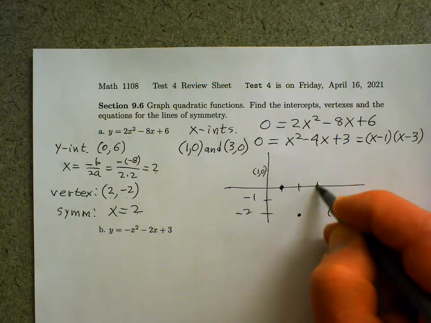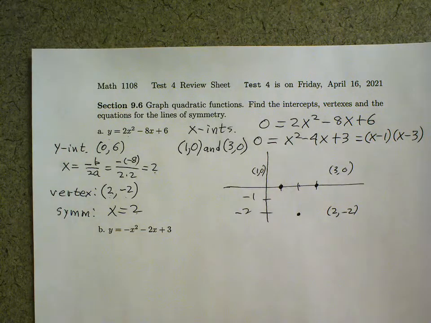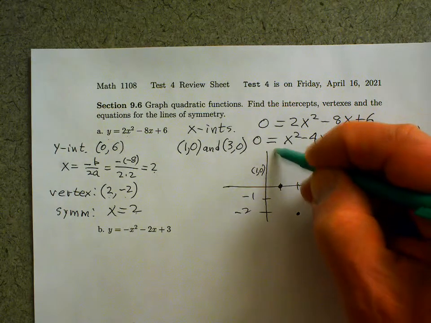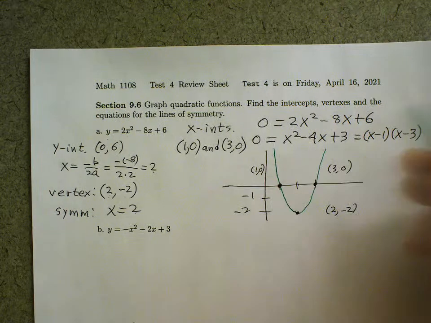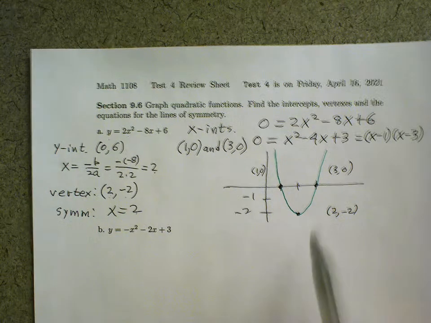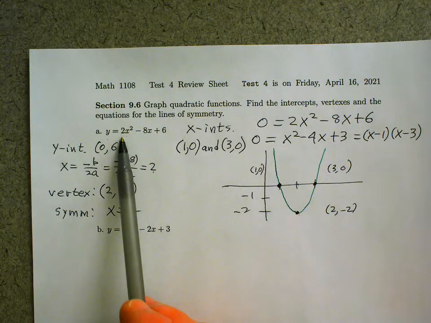The other x-intercept is 3, 0. So that is the rough sketch of the parabola. We know that it opens upward because the leading coefficient is positive.